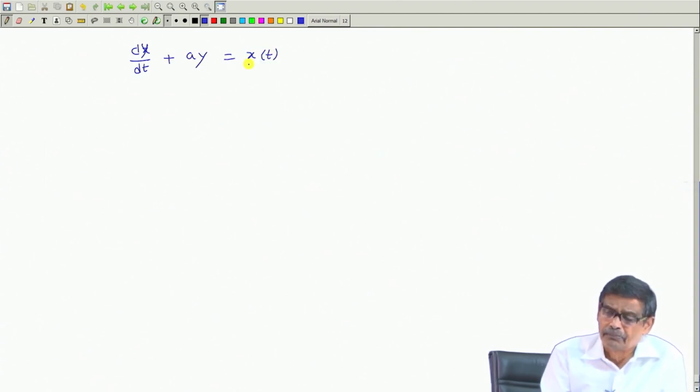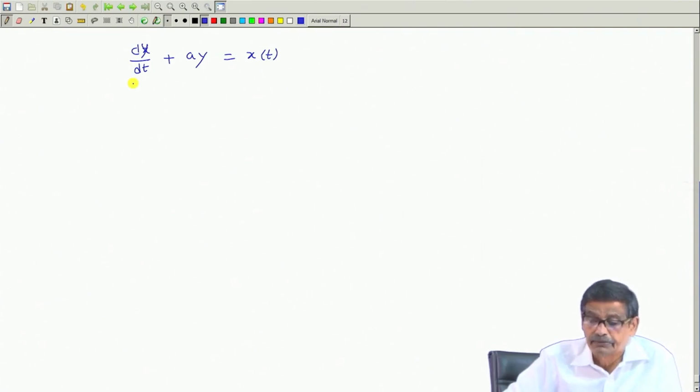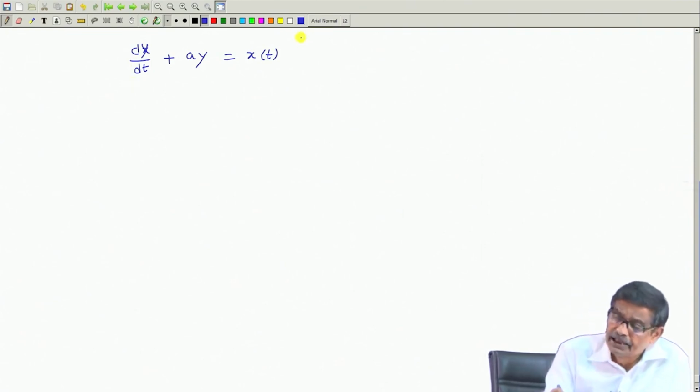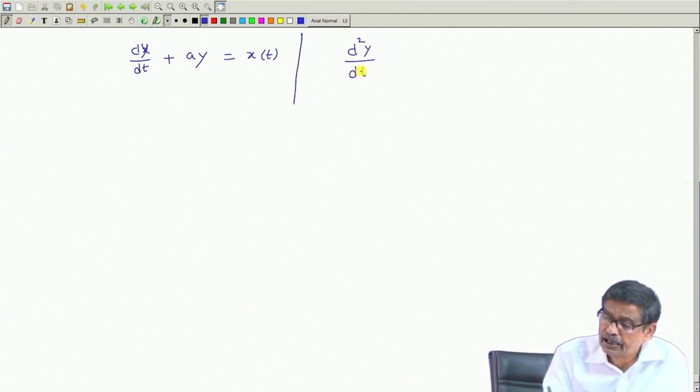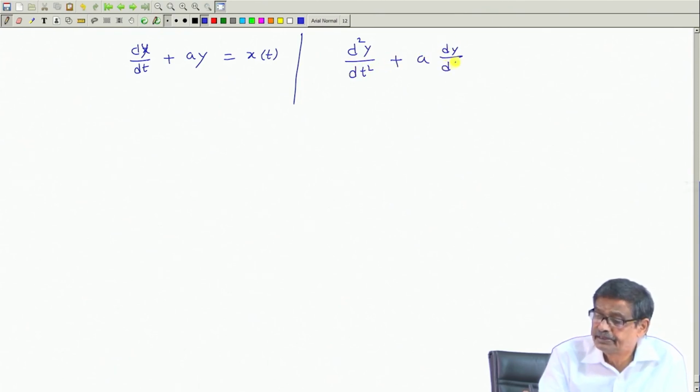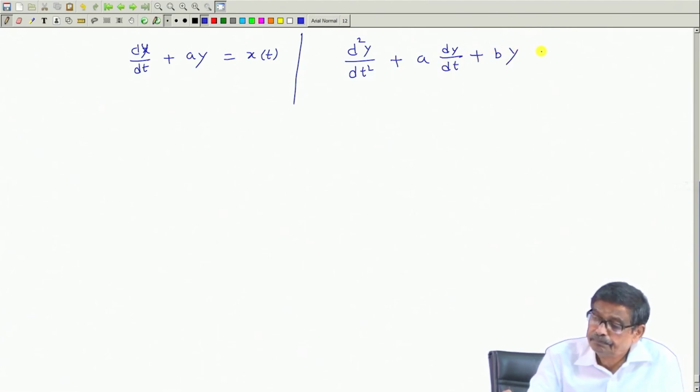Depending upon the problem, if x(t) is voltage, write voltage here, y is current, and so on. Or it could be in general a higher order differential equation, because if there are two energy storing elements, second order, plus A dy/dt plus B y is equal to x(t).